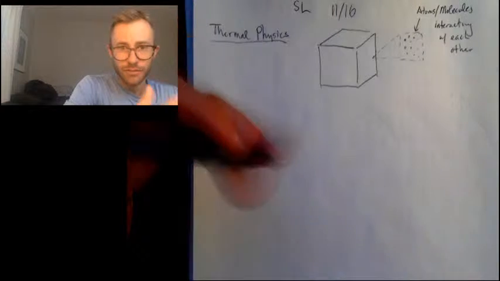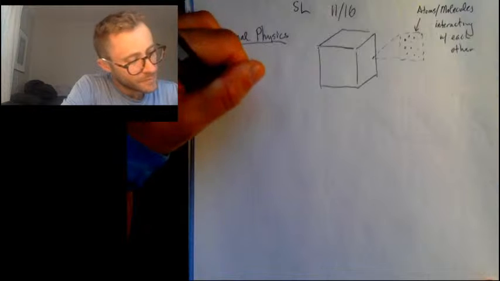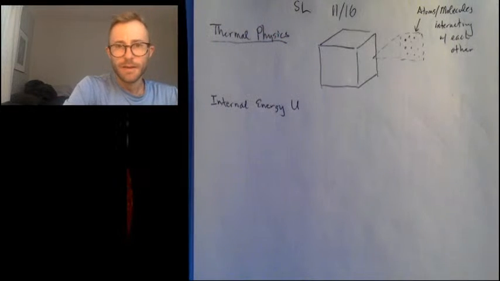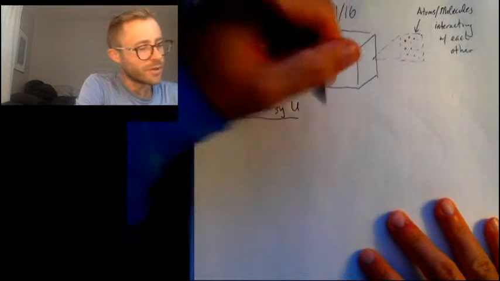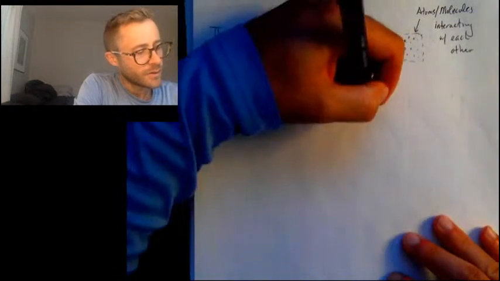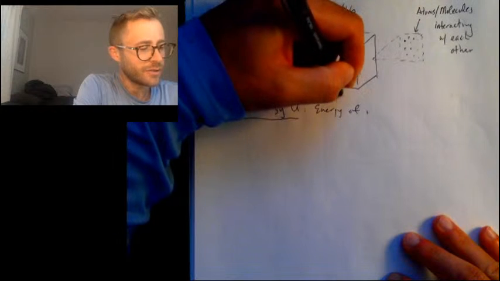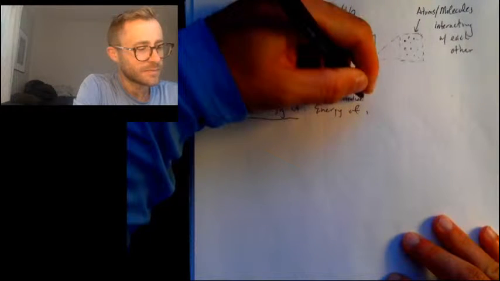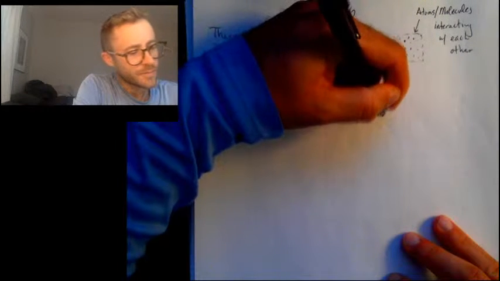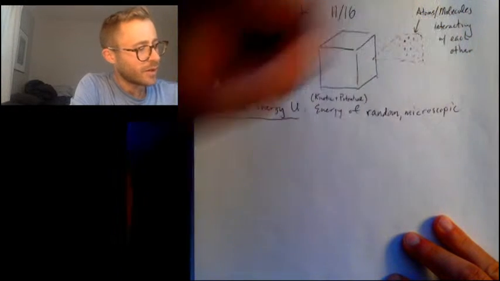The energy associated with this is called internal energy, which is typically denoted by U. Internal energy is the energy, and when I say energy, I mean the kinetic and the potential energy of random microscopic atomic motions.